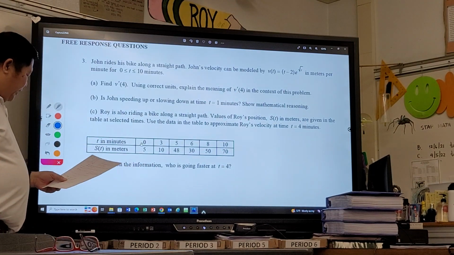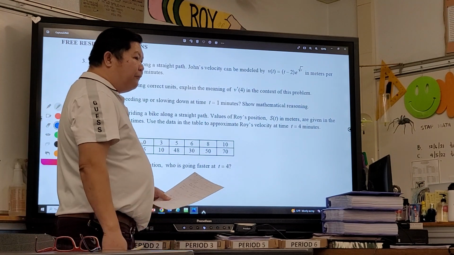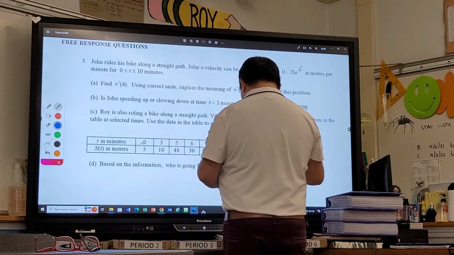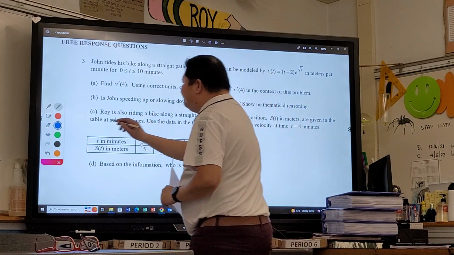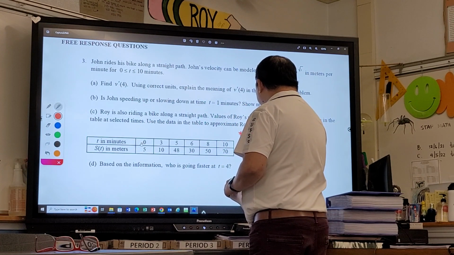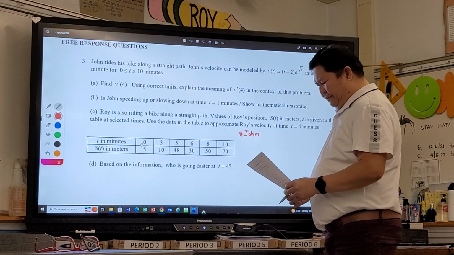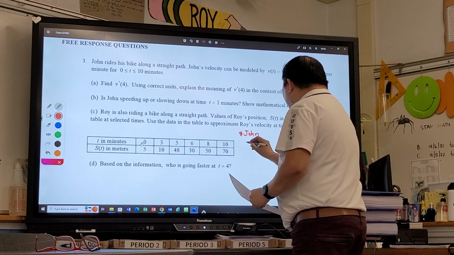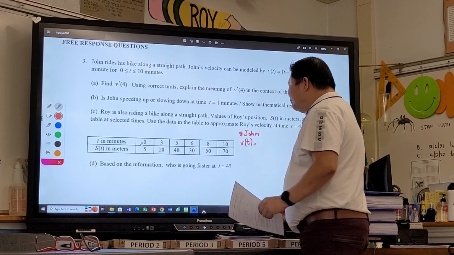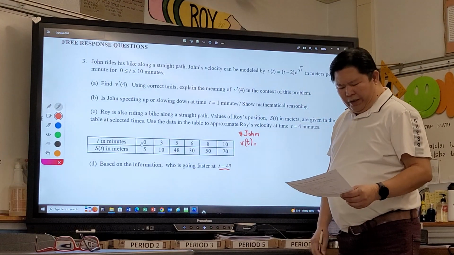So we take the velocity of John and also the velocity of Roy. So I have for John right here. Can I use red color for John? So V(t) at what time? At t is equal to 4.